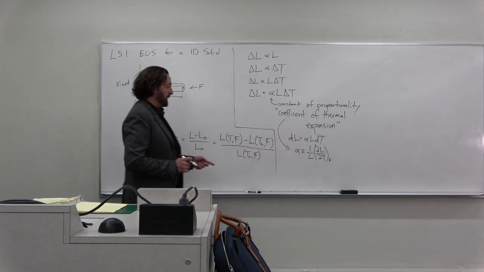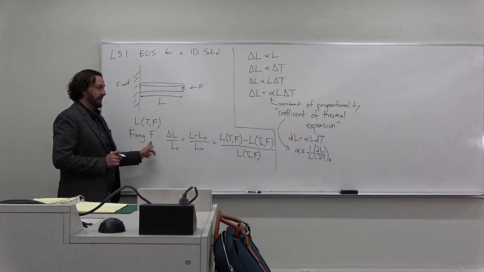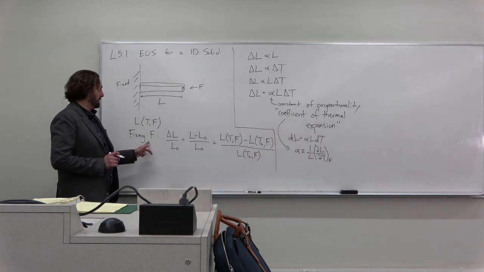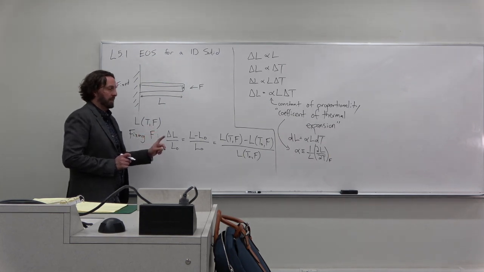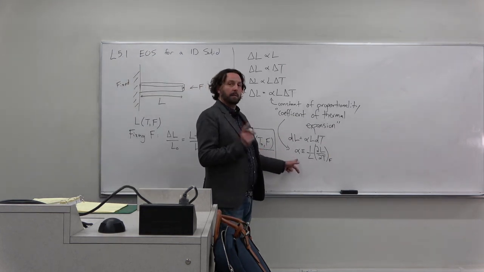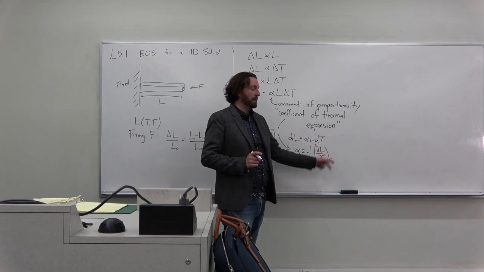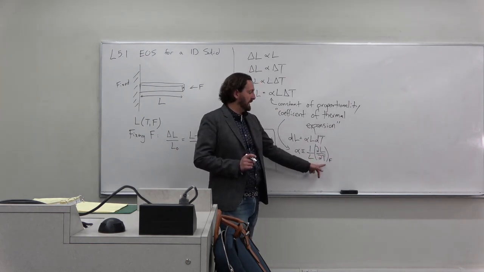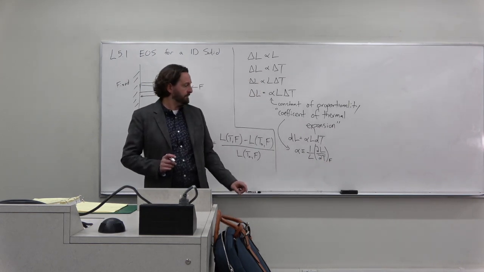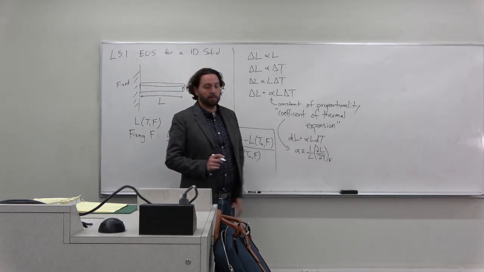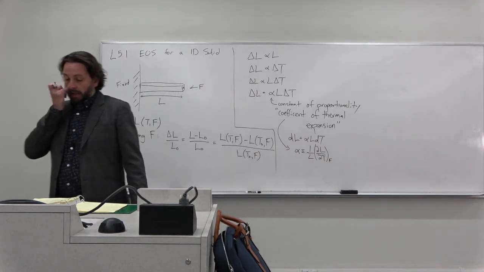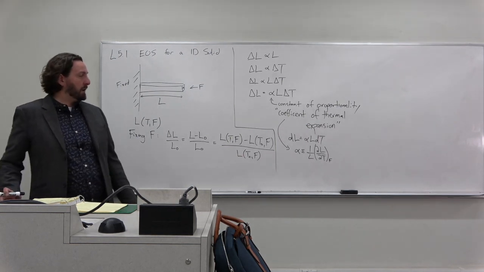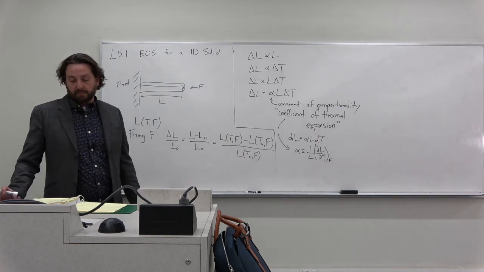But we really had F fixed the whole time. L really depended on T and F. So here I was only talking about the temperature dependence, so I really have to write this as a partial derivative of L with respect to T with fixed F. Okay? So our coefficient of thermal expansion is 1 over L, partial L partial T at constant F.